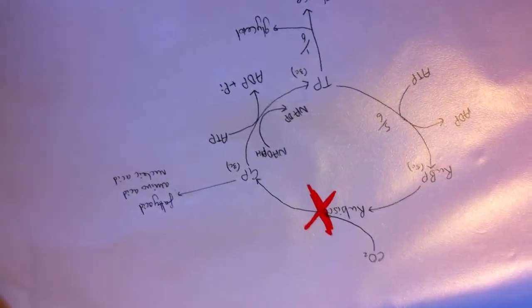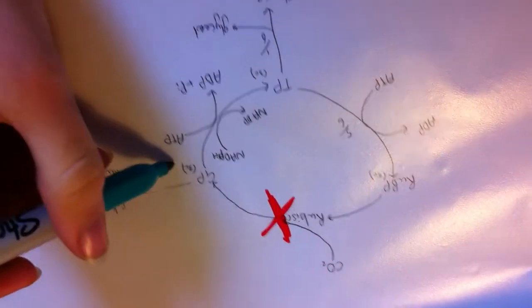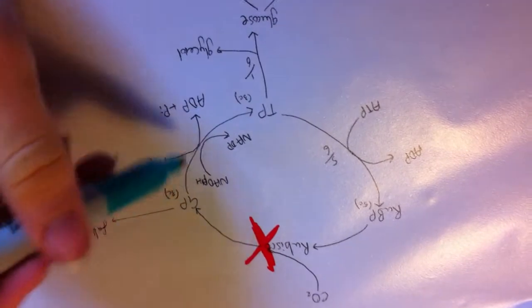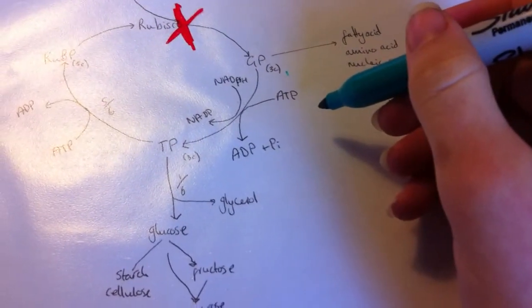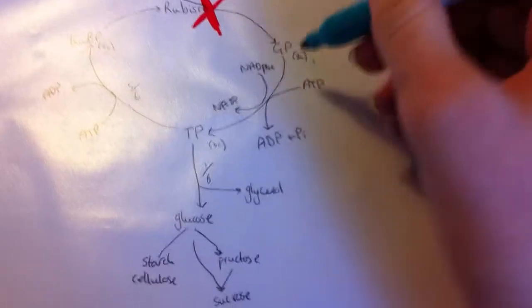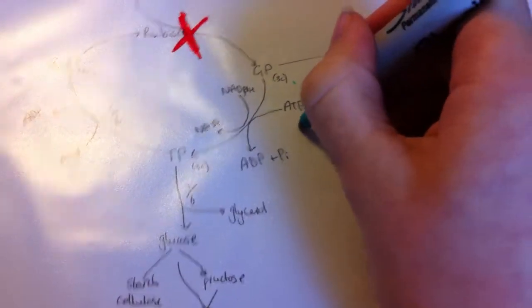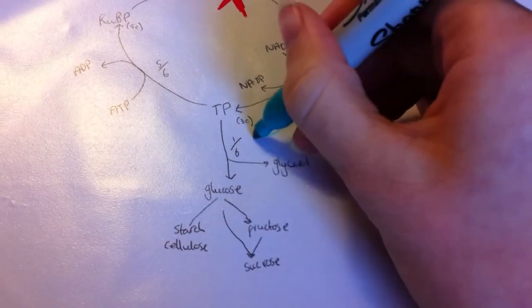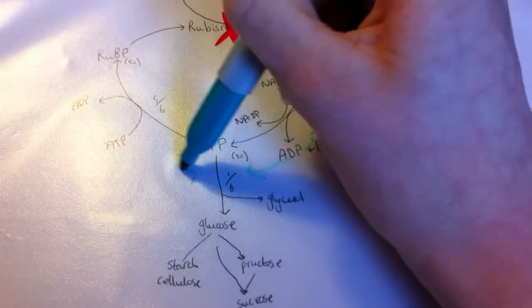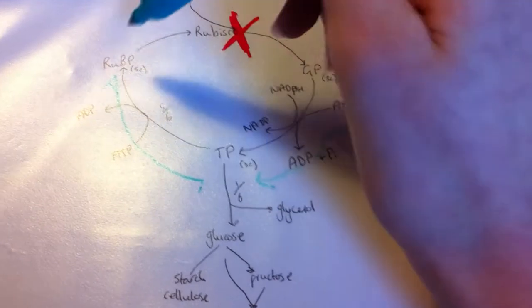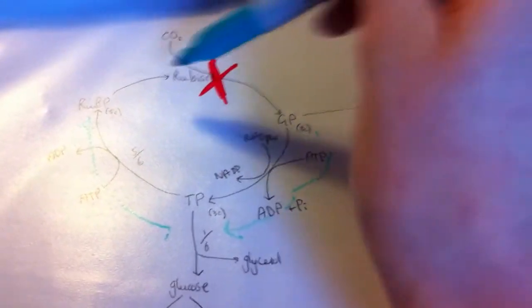There's still ATP and NADPH from the light dependent reaction, so that is still going to go forwards like this, and there's loads of ATP, so that can keep going. But RuBP can't be converted into GP because there's no CO2 available.